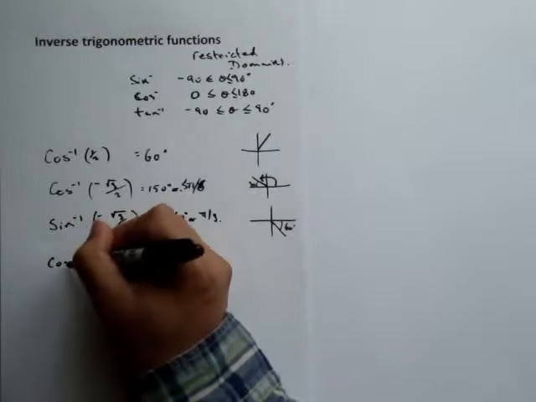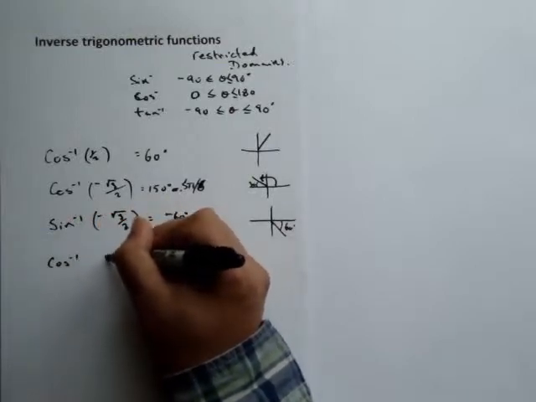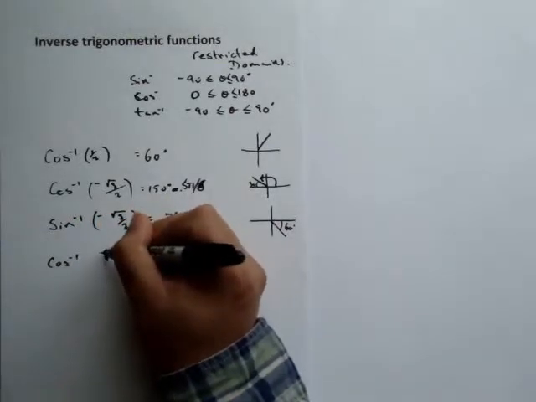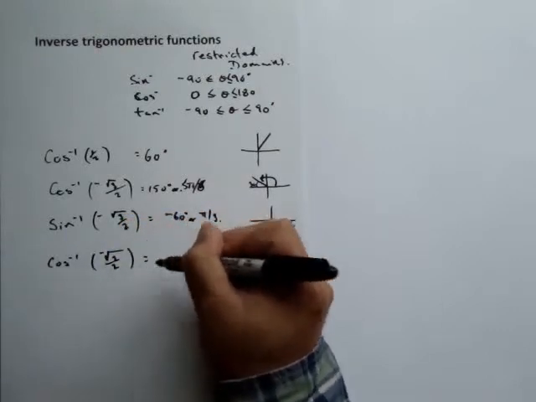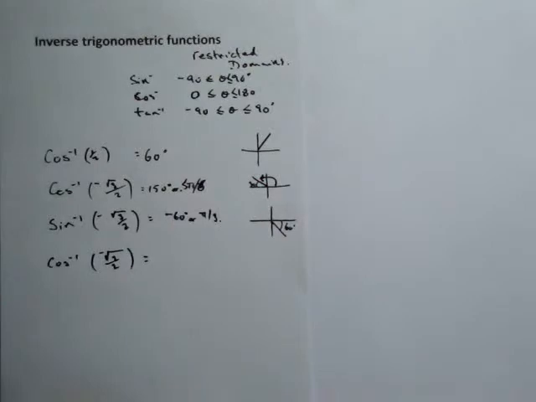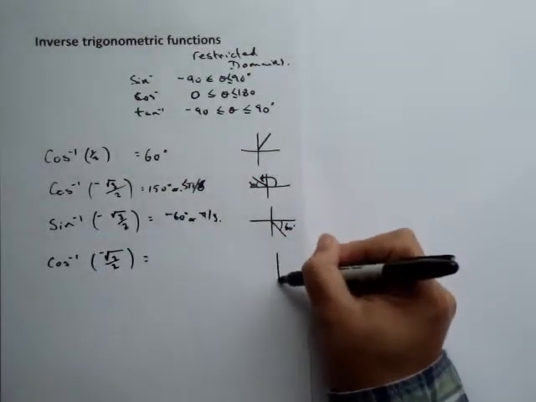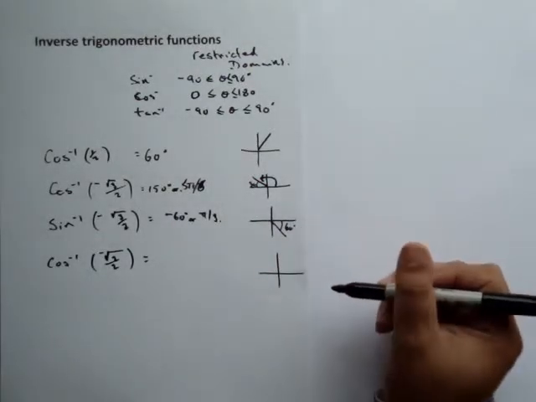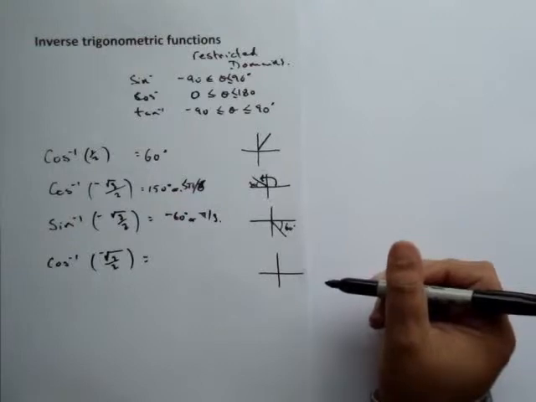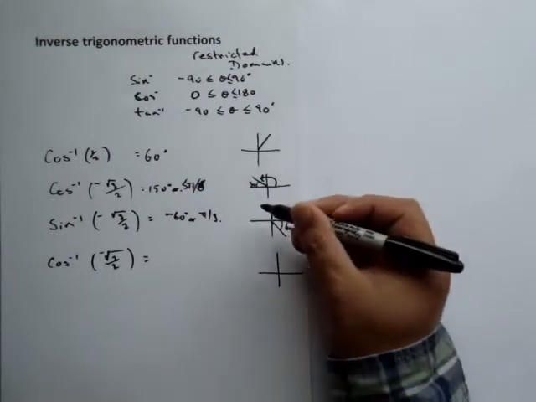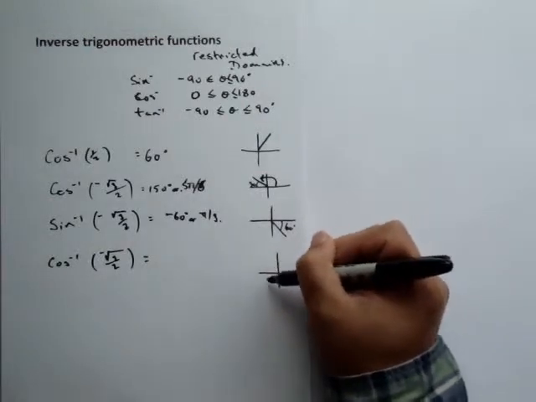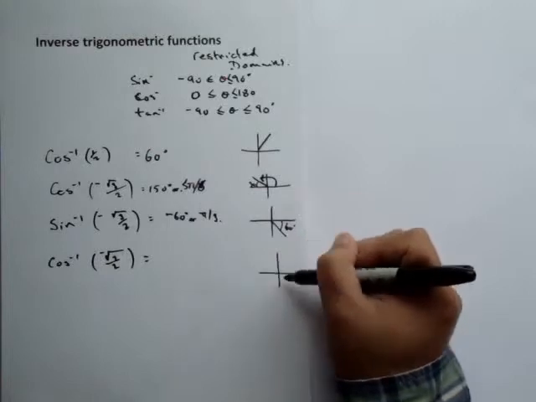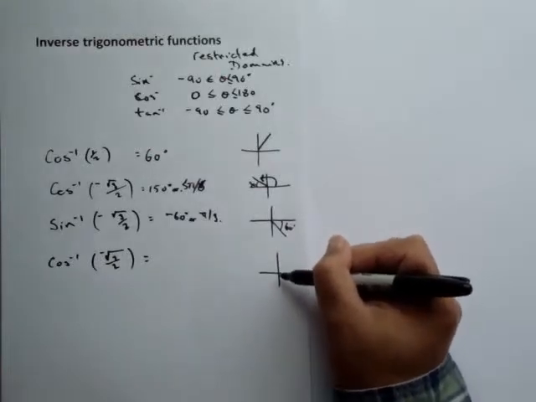Inverse cos minus root 2 over 2. So where would this fall? So minus root 2 over 2 in the restricted domain falls, cosine would be negative, C-A-S-T, so negative here and negative here.